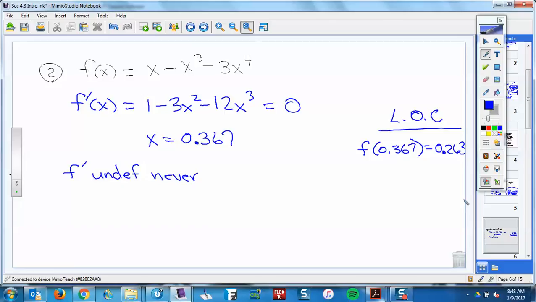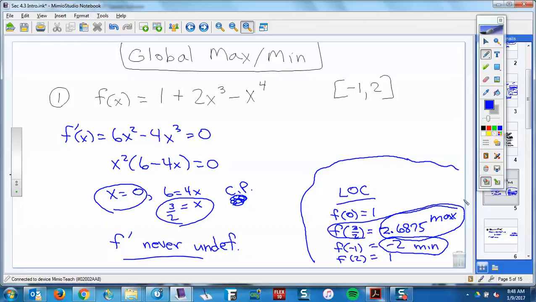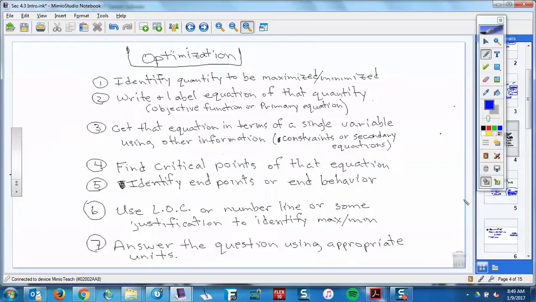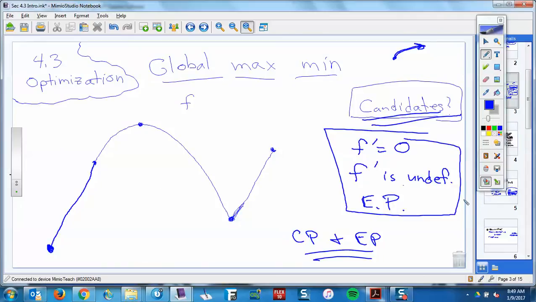These are the only places that a max or min can happen because of what we talked about back here. The only way it can be a high point is if it goes up and comes back down, or if it's at the end.